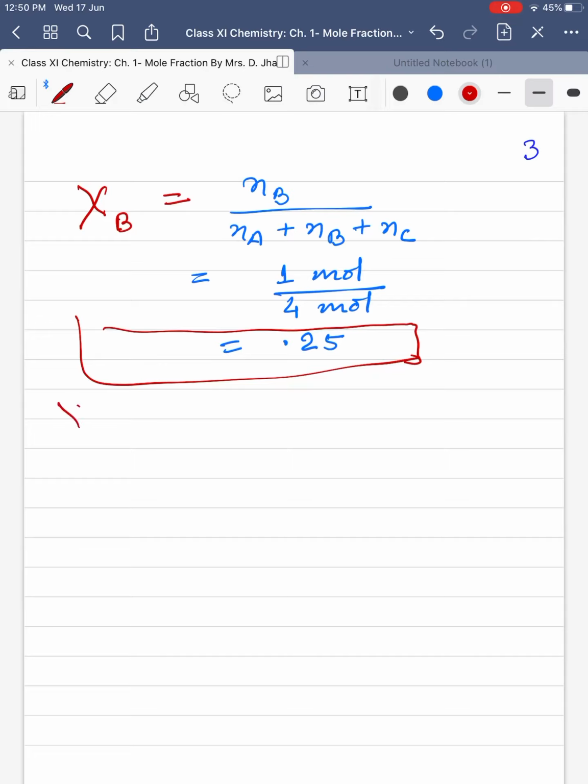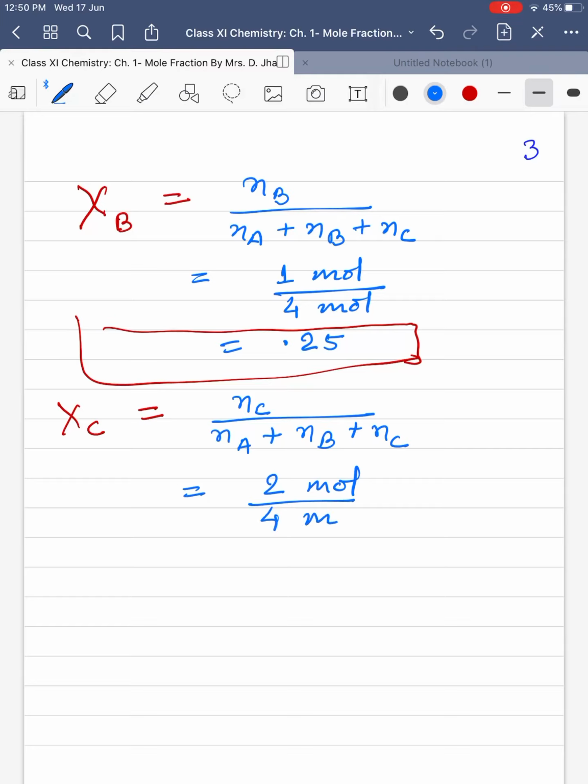Now the mole fraction of C is equal to number of moles of component C divided by number of moles of A plus moles of B plus moles of C, that is 2 moles divided by 4 moles, and it is equal to 0.5.